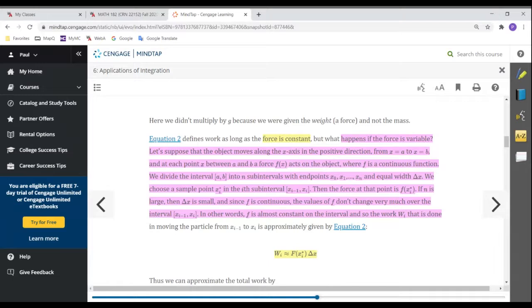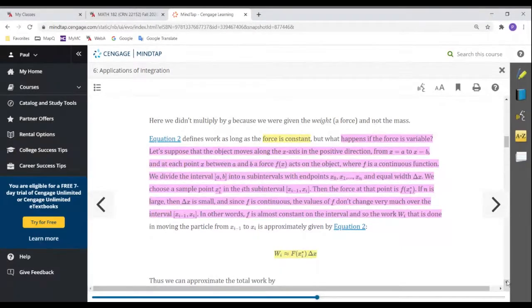In other words, you're moving a particle, say, from x sub i minus 1 to x sub i, across that little distance with approximately the force f of x sub i star. Now they have a capital F. That's a typo. That should be a lowercase f of x sub i star.